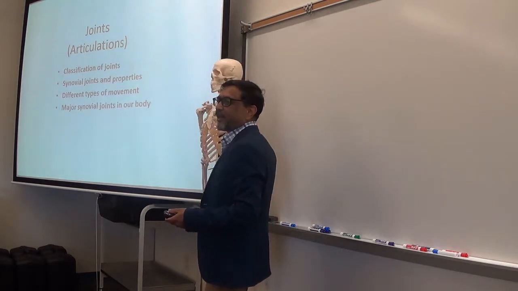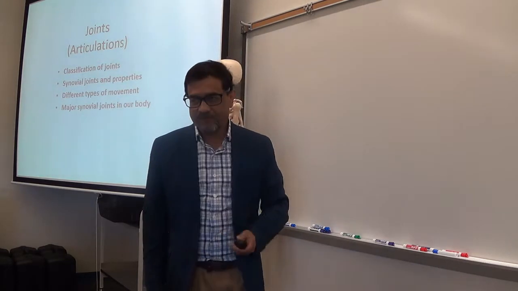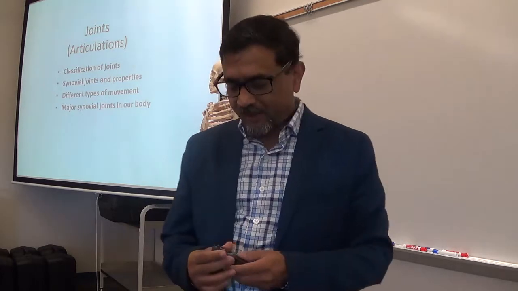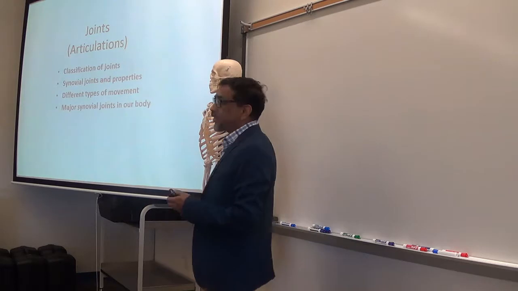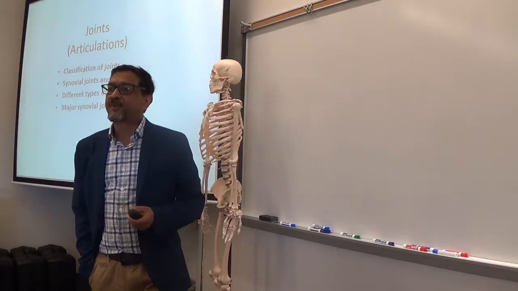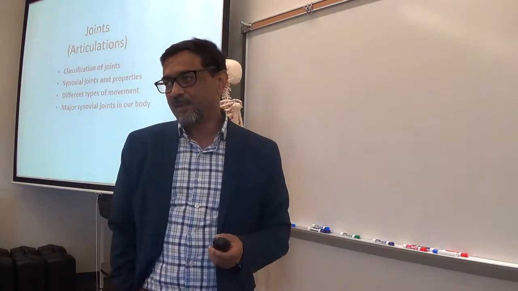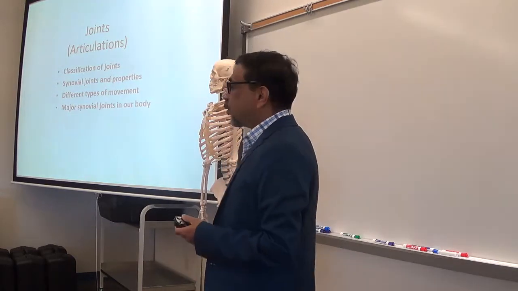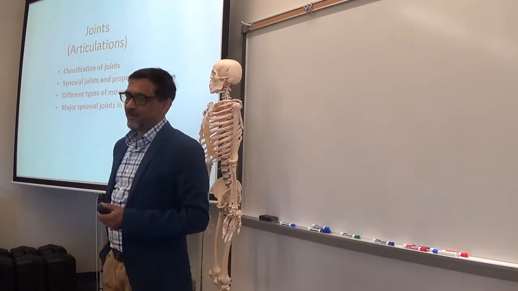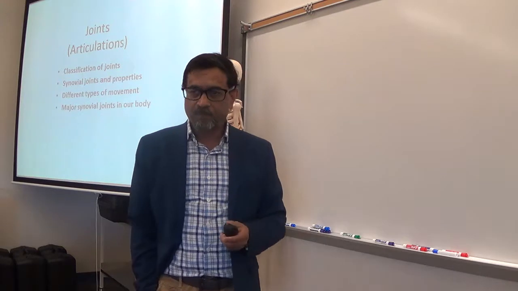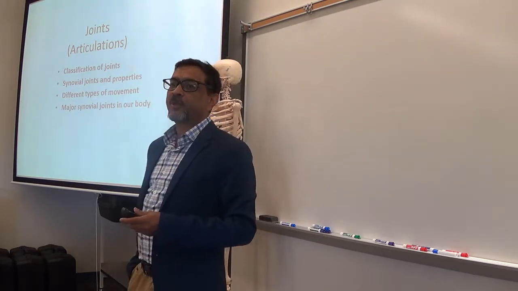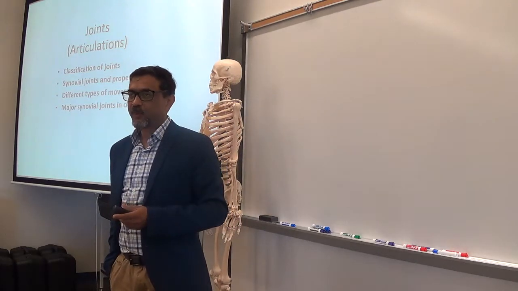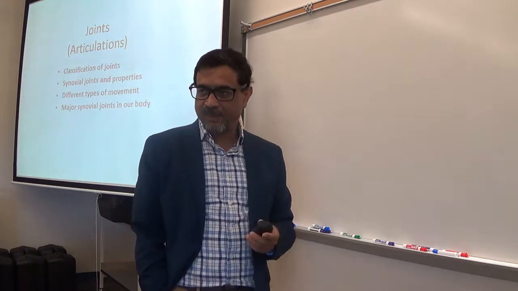Today I'll talk about the joints. First, we'll see the classification of joints, how we classify the joints of the body. Then we'll talk about the most common type of joint, which is the synovial joint.